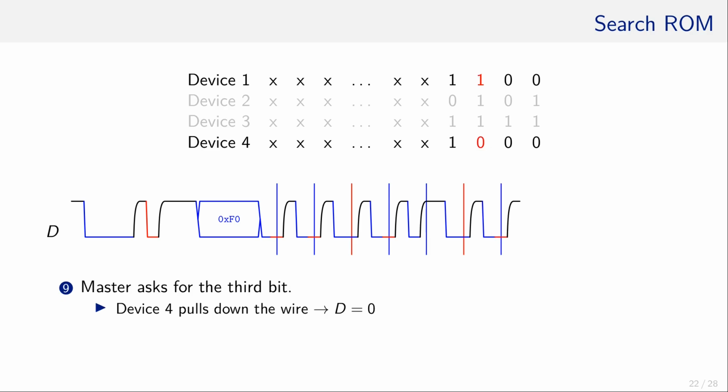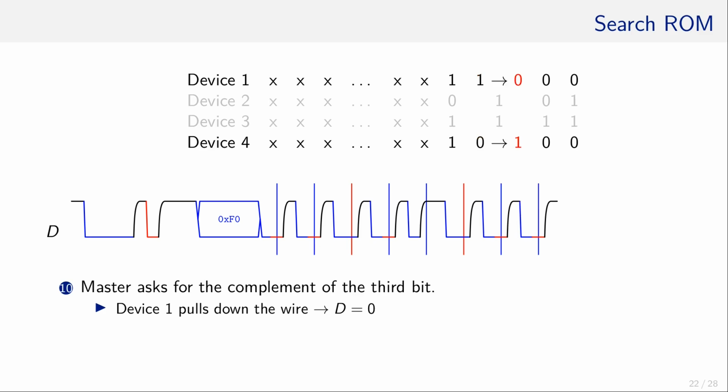Let's consider the third bit. It is the very same situation that we had when the least significant bit was considered at first. In both cases, when asked the slaves to send the third bit and its complement, 0 is read from the bus by the master. Hence it knows that there are still at least 2 slaves available.